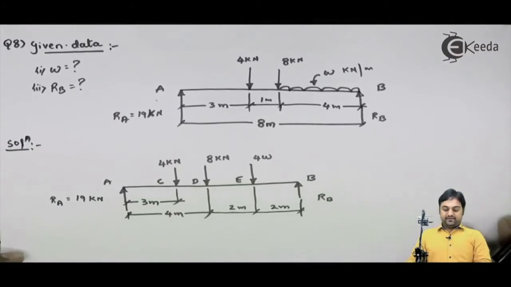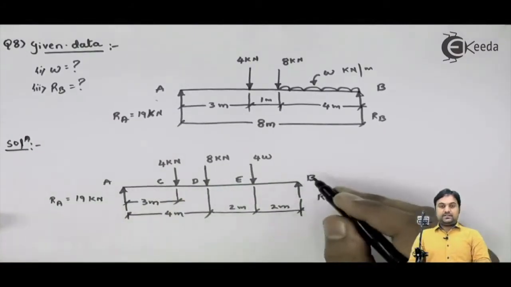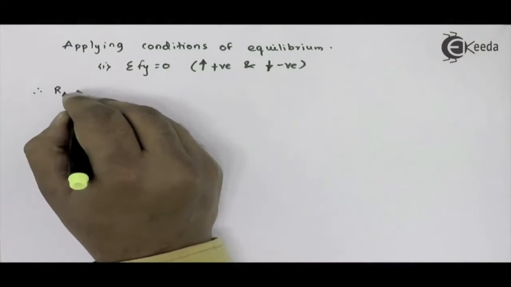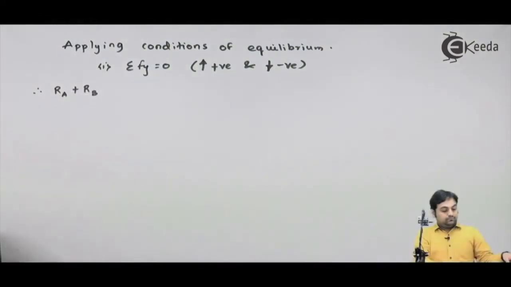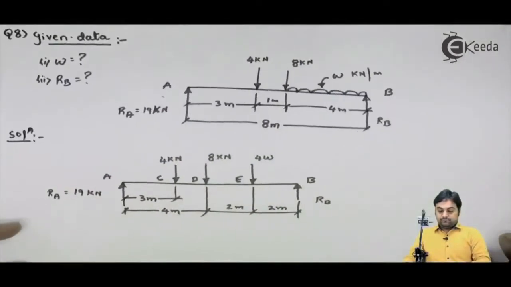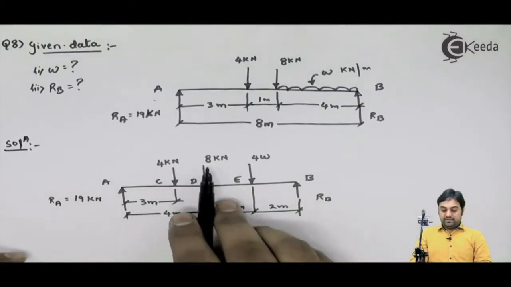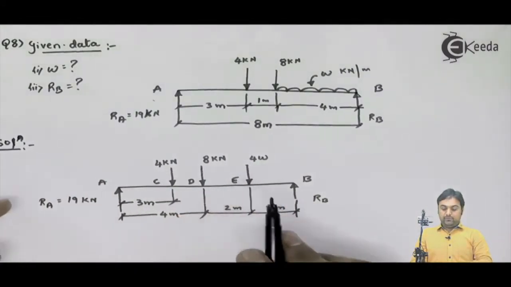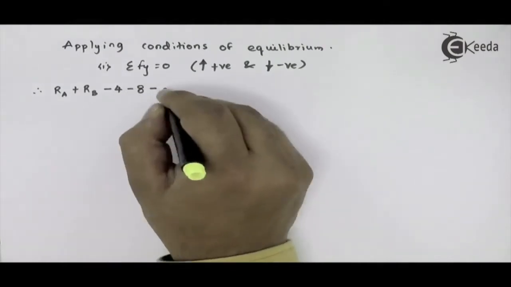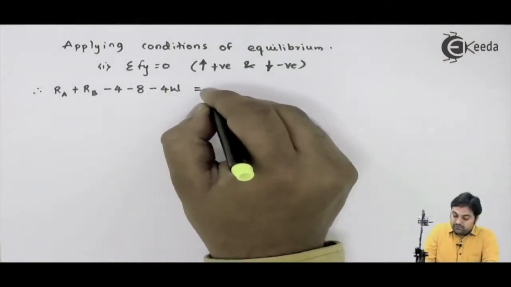Therefore, here I have RA plus RB minus 4, minus 8 and minus 4W is equal to 0.